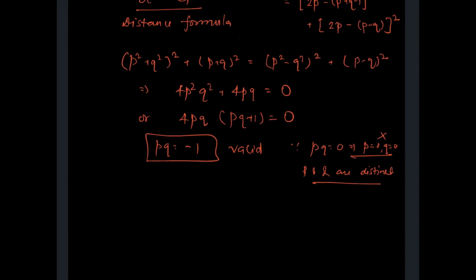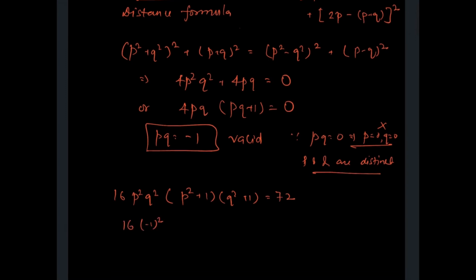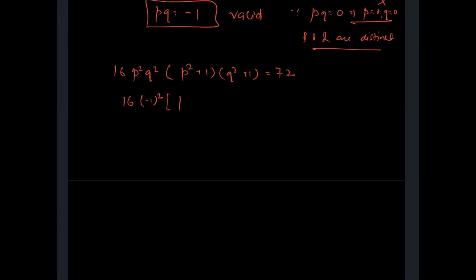Now we put this in equation number 1. So my equation number 1 is 16 p square q square (p square plus 1)(q square plus 1) is 72. So with pq equal to minus 1, expanded we will get this.